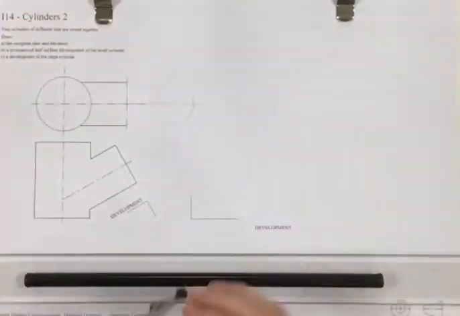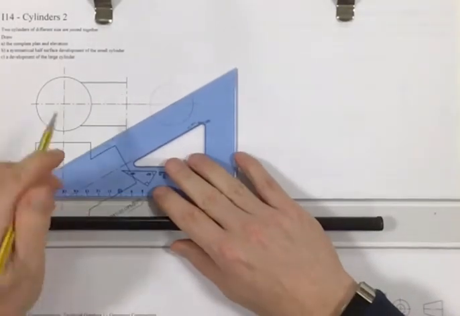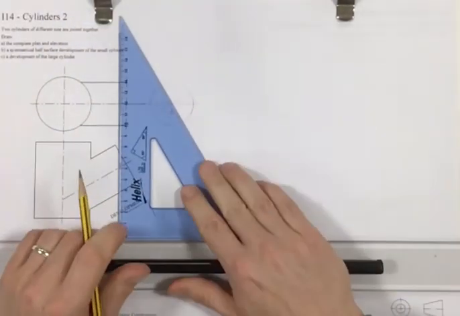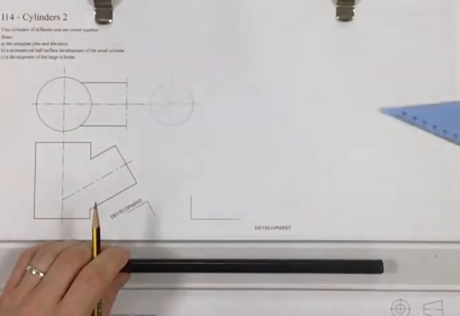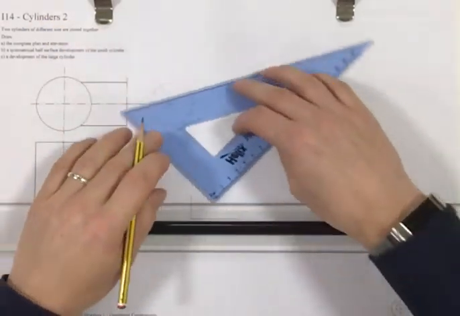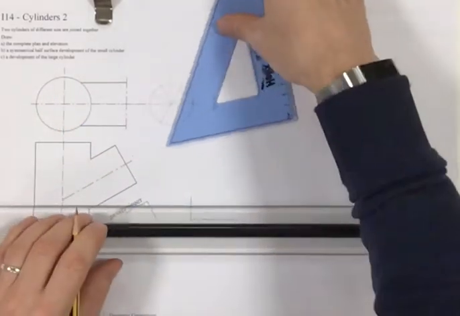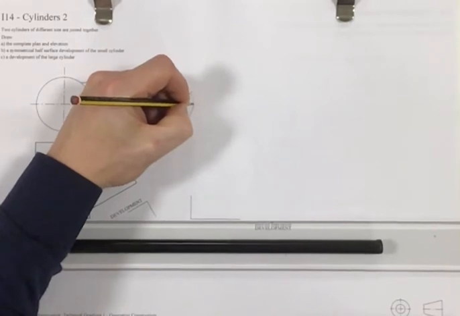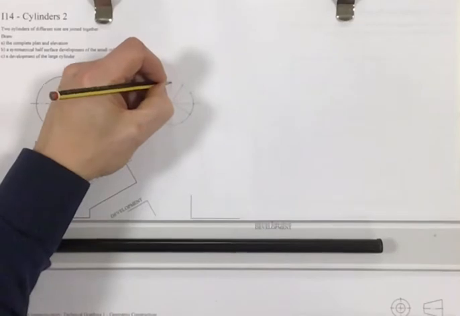This is merely for construction work. That circle I'm going to split into 30-60 segments, like so. And as I said before, this is just for construction work.